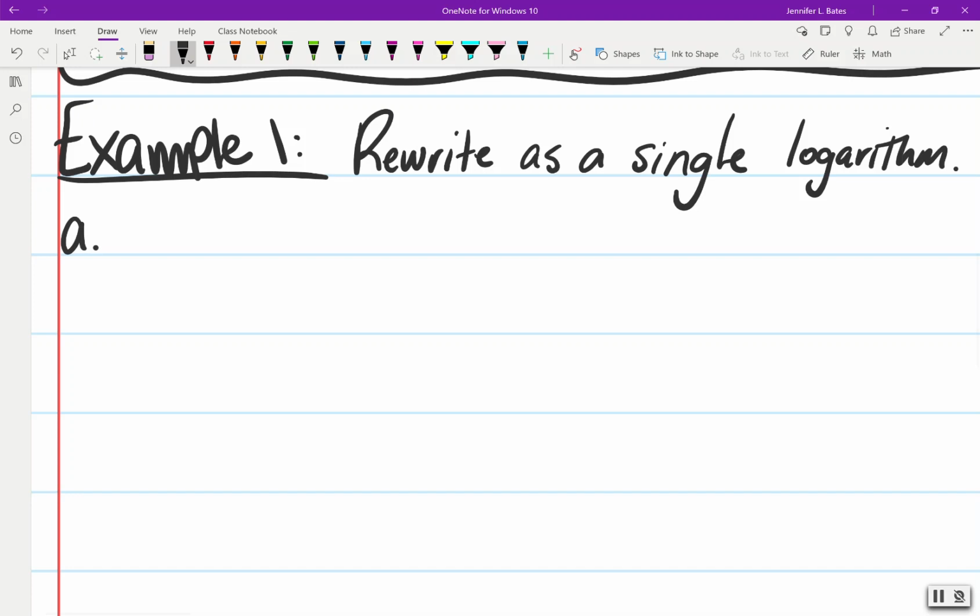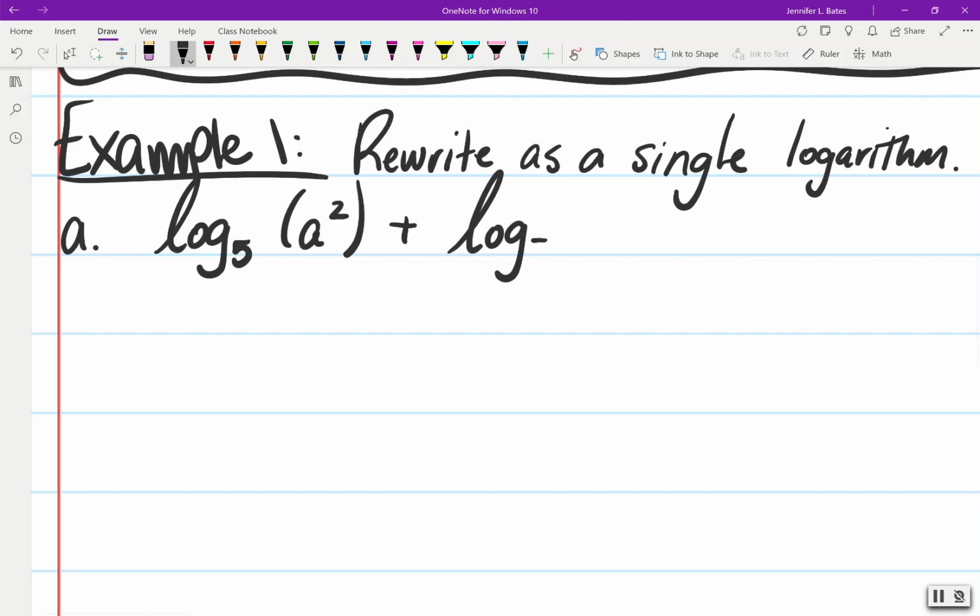Okay, and example A gives us log base 5 of a squared plus log base 5 of a squared b cubed.